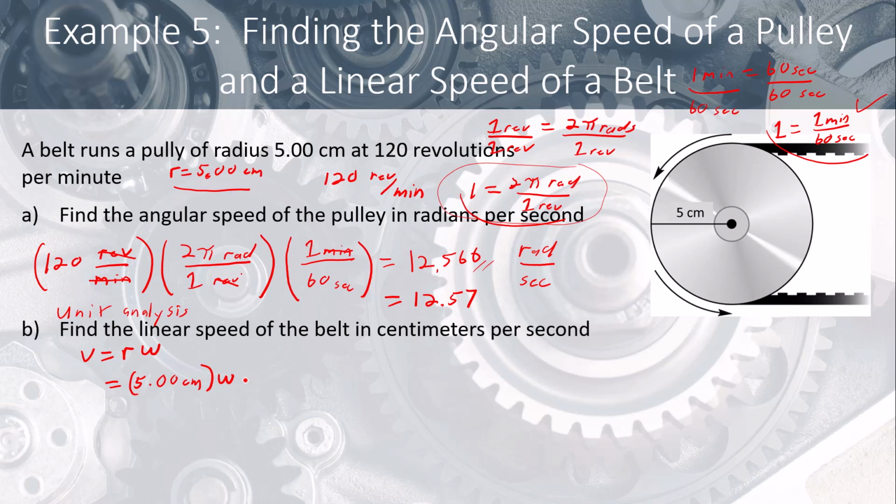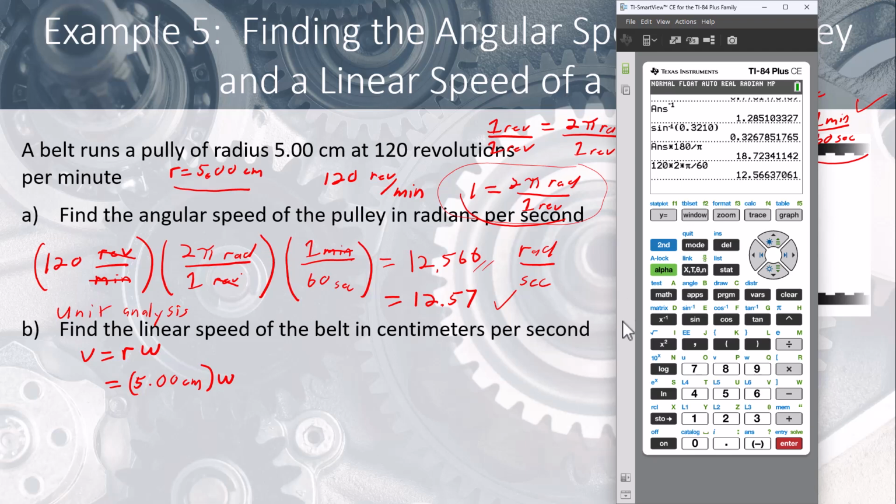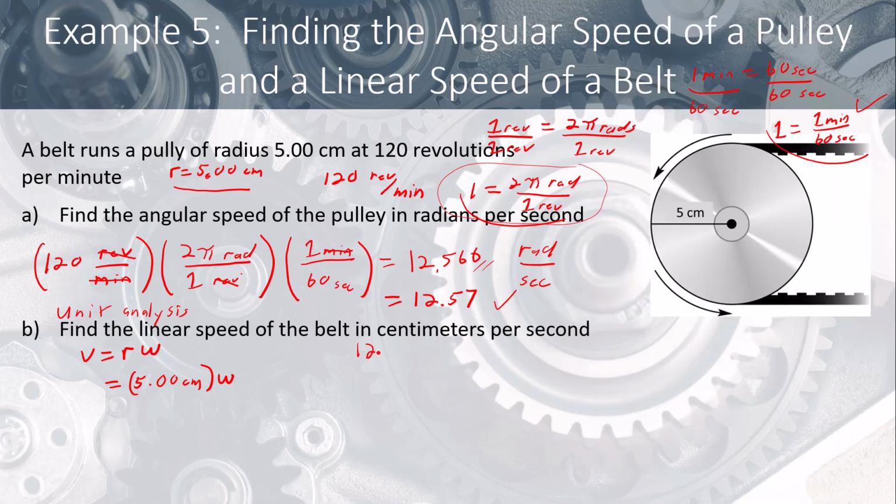The question here is, which omega should you use? Should you use your answer from part A, or should you use the value in your calculator? And the answer is you should use the value in your calculator. Most students have a habit of writing down the intermediate value, like 12.56637, and using that.